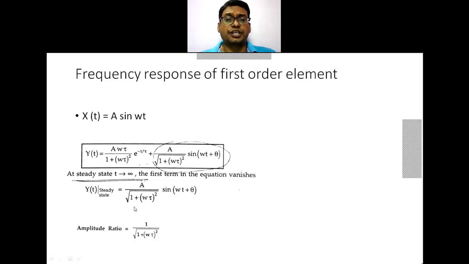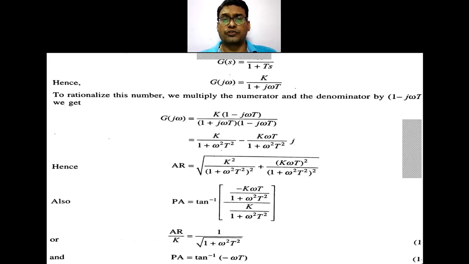At steady state, you get this equation, and the amplitude ratio is 1 upon under root of 1 plus omega squared tau squared. This is for the first order system, with transfer function 1 upon 1 plus tau s.